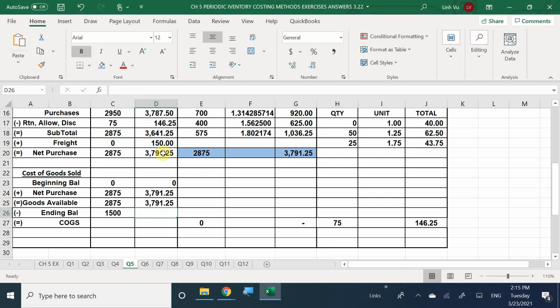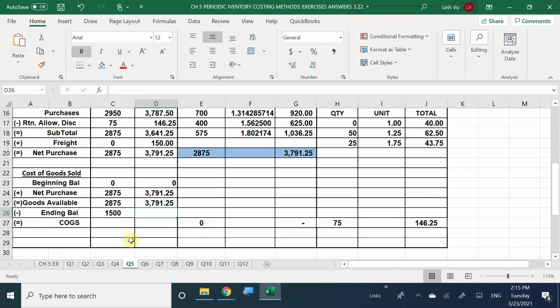So, given in this context, right, we were given that at the end of the month, someone went down to the basement and they took a physical count and told us that you only have 1,500 available. So our assumption is that whatever we have available and whatever we have in ending, that means whatever that we don't have, we sold.